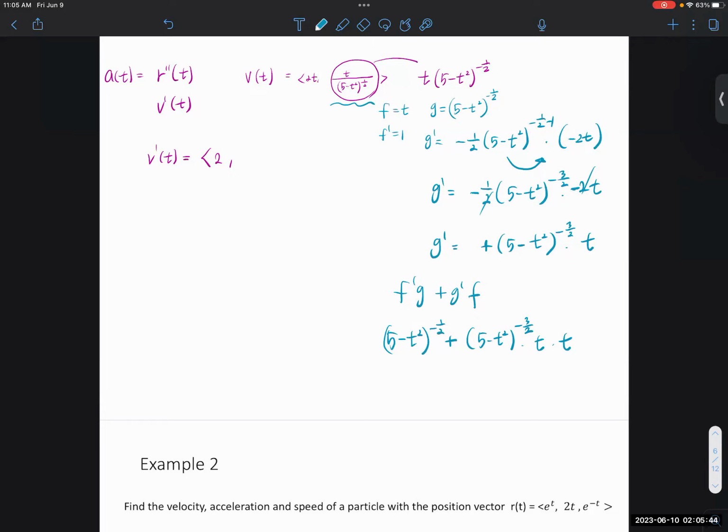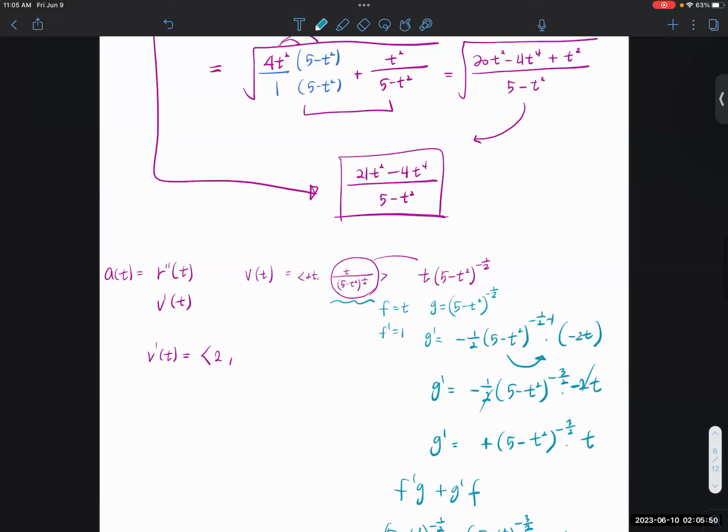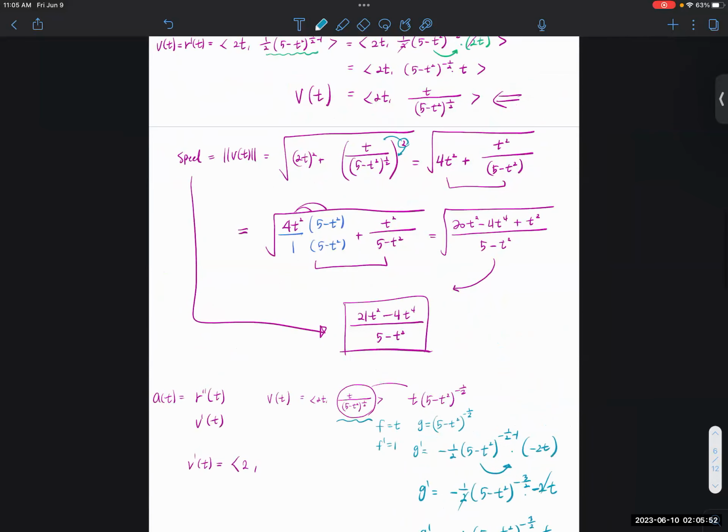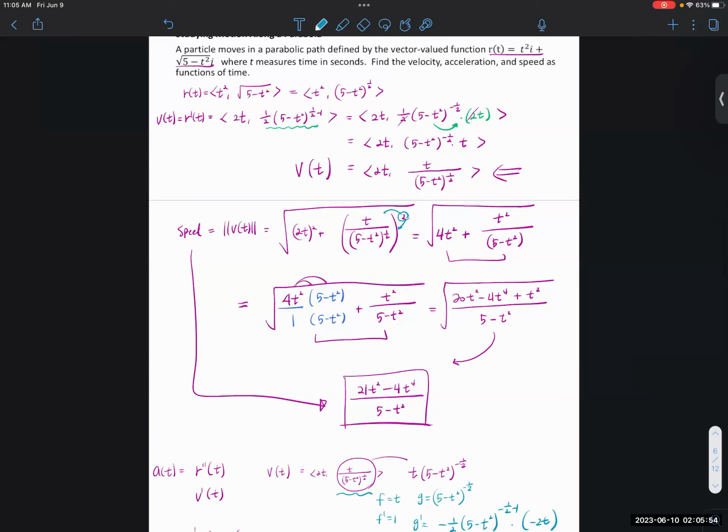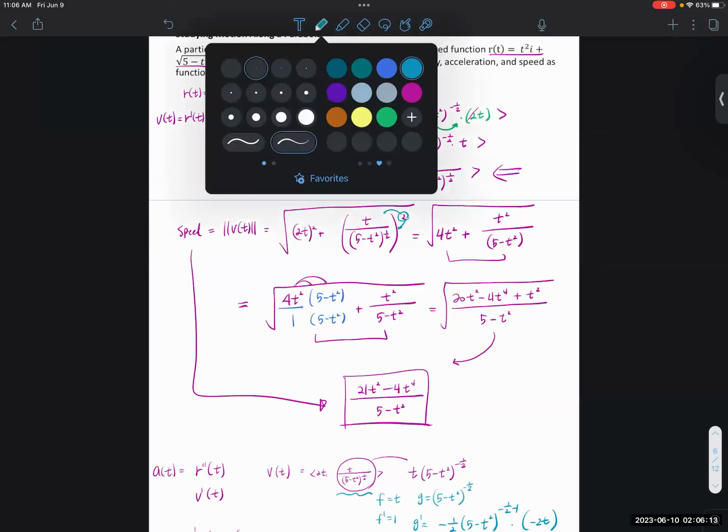So let's see if I write correctly. Let me double check if my calculation is everything correct. So we have t, velocity. Let me double check. So 5 minus, yeah, I think we got the correct number. I have a little bit of a typo, sorry guys.